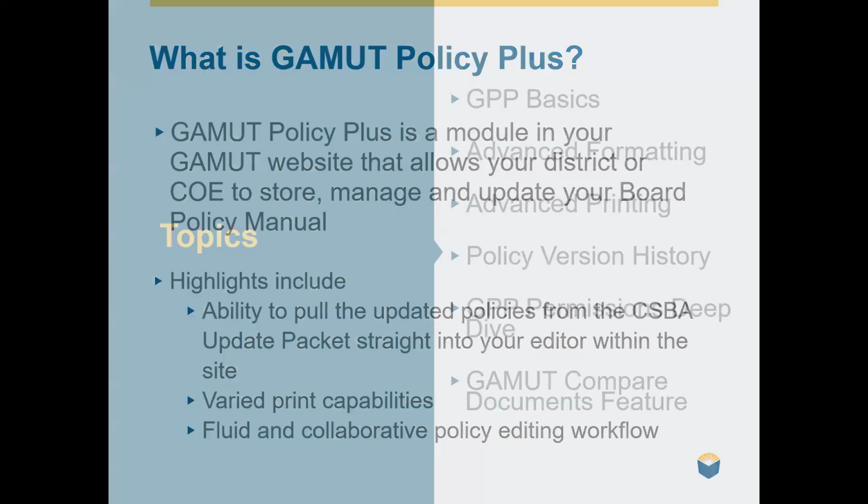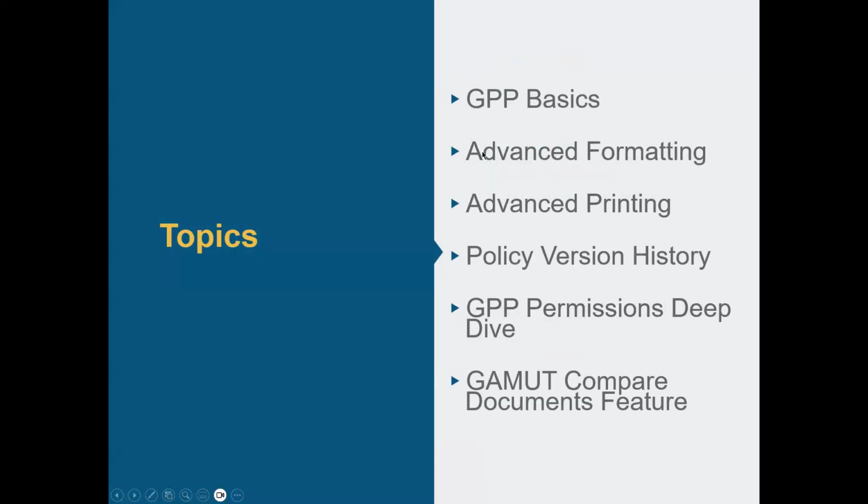Right, that's the intro. The topics we're going to be covering today are, first off, what I call GPP basics. So the basic process of pulling those CSBA update packets from CSBA into your site, just looking at that so we all have a grasp of at least the basic process. And then going from there, we're looking at advanced formatting.